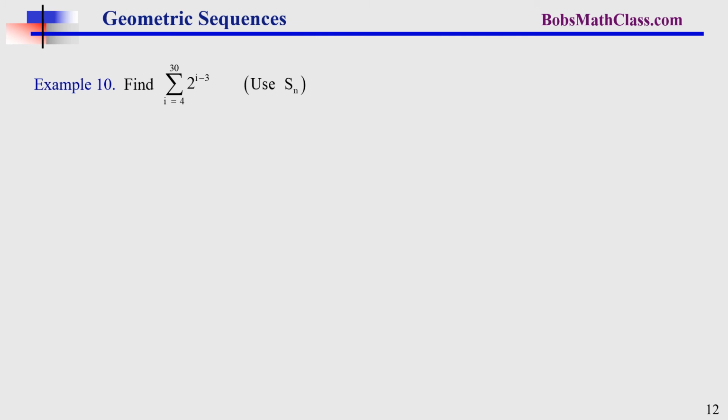Okay, so do the same thing. Find the first three terms just to make sure that this is geometric. So start with i equals 4, and then i equals 5, and then i equals 6. That should be enough.